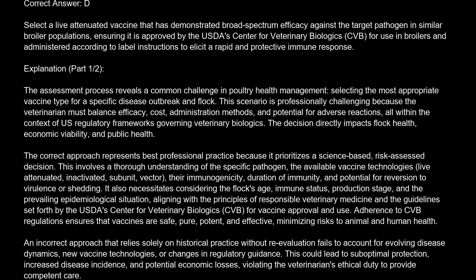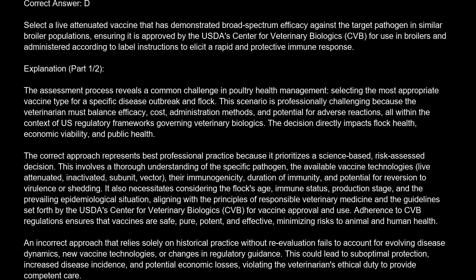It also necessitates considering the flock's age, immune status, production stage, and the prevailing epidemiological situation, aligning with the principles of responsible veterinary medicine and the guidelines set forth by the USDA Center for Veterinary Biologics, CVB, for vaccine approval and use. Adherence to CVB regulations ensures that vaccines are safe, pure, potent, and effective, minimizing risks to animal and human health.